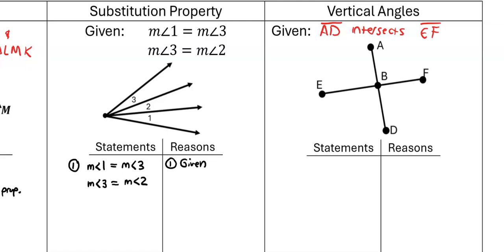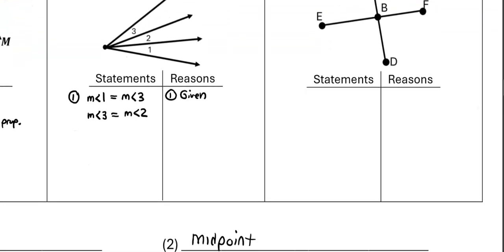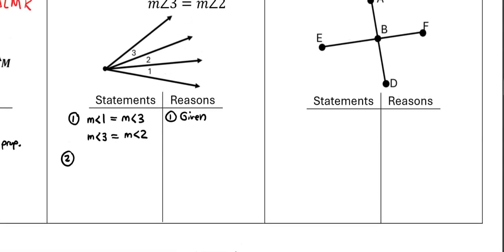Now, I want to create a new fact from this. The substitution property essentially says that since angle 3 is here and angle 3 is here, I can take anything that is equal to angle 3, in particular angle 2, and substitute it into that first fact.